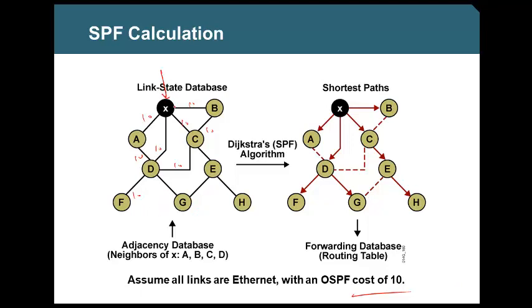If he goes this way, it is 10 plus 10, 20, cheaper. There is also another route, 10 plus 10 plus 10, which is 30. He will not use it because that's not the shortest. So all the dotted lines he ignores after running Dijkstra's algorithm. You understood this.